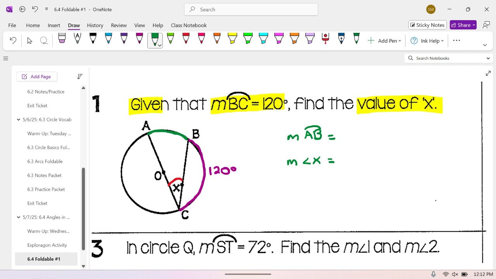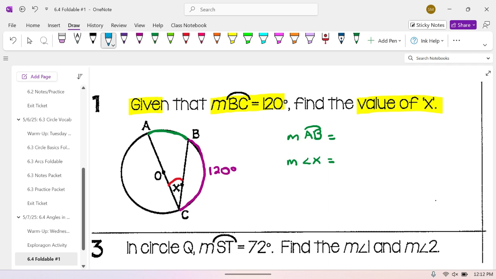How do you think I can find the measure of arc AB? I'll give you a hint. We're going to use some stuff that we talked about yesterday. That's exactly what you should do. Why can you take 180 and subtract 120 to get AB? It's a semicircle.